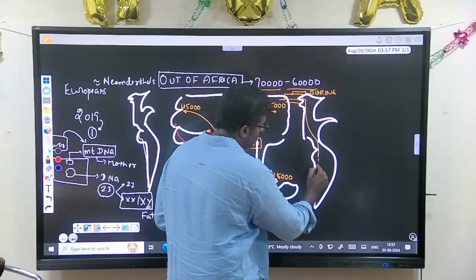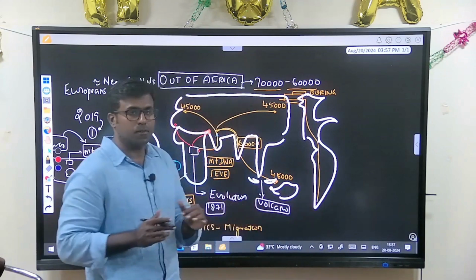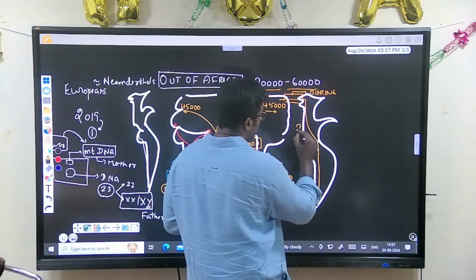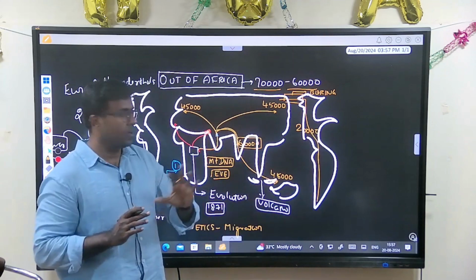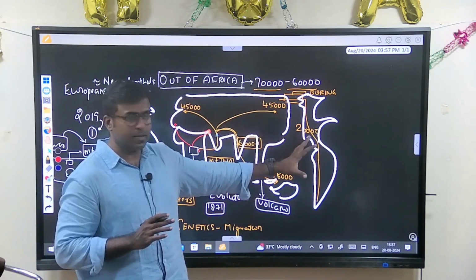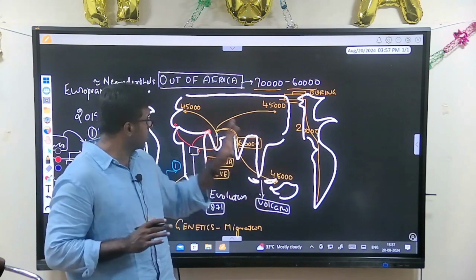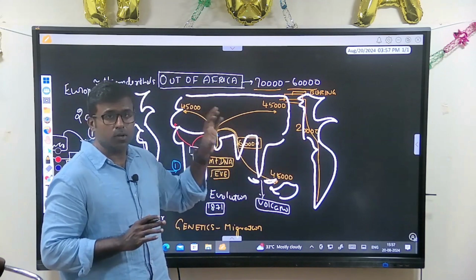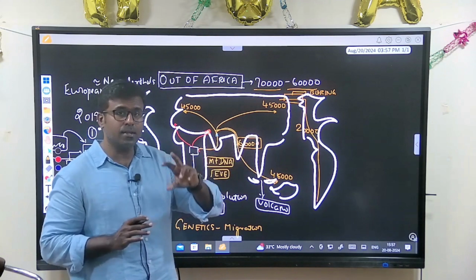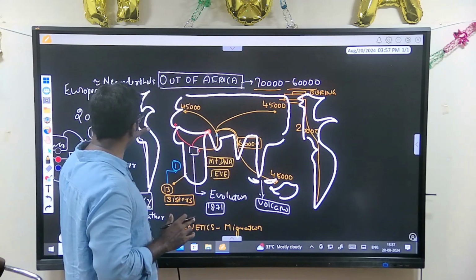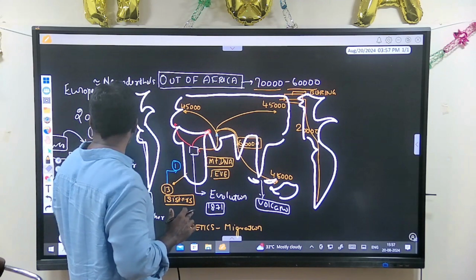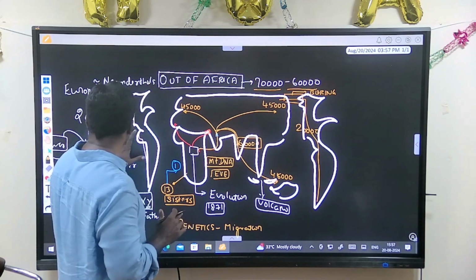So this is how the migration happened, around 20,000 years ago. Around these times is when humans started to colonize the entire earth, and this is what is called the out of Africa theory. But the interesting fact that you should note is that there is a question, as I said, Europeans are closer to Homo sapiens.